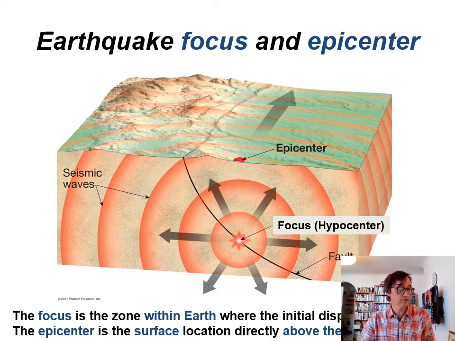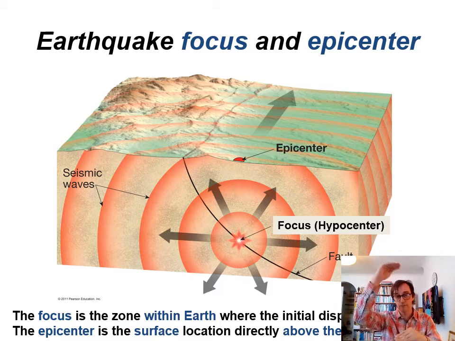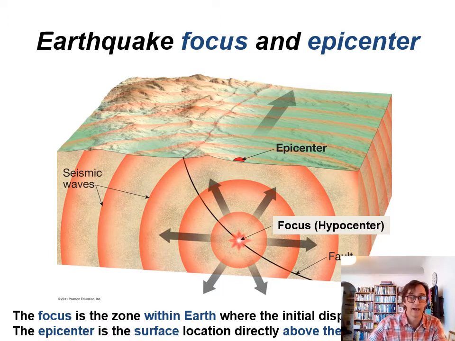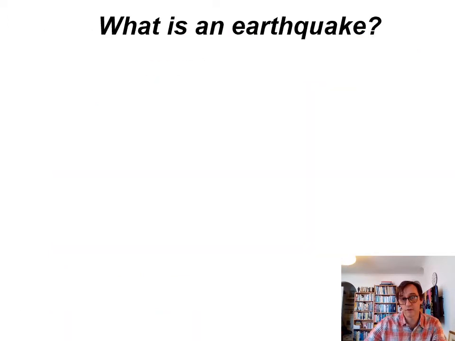The epicenter is the surface location directly above the focus, so you can put it on a map to show people where the earthquake is centered. But the energy itself is released from the actual focus on the fault line underground. Sometimes it's shallow, sometimes it can be quite deep, near subduction zones.